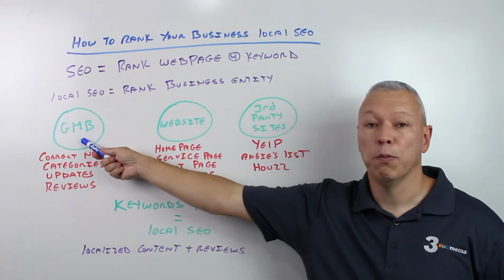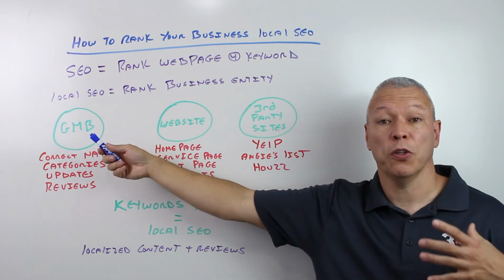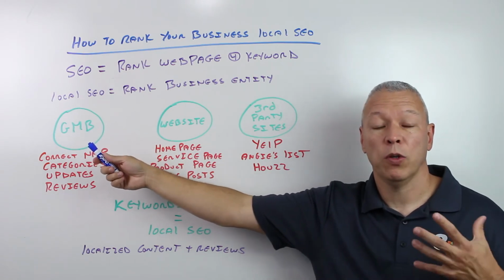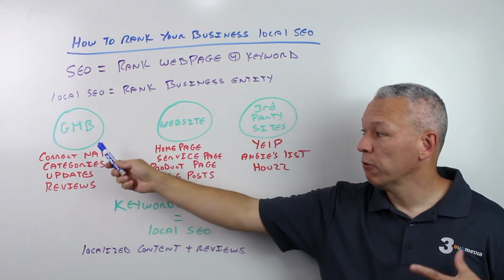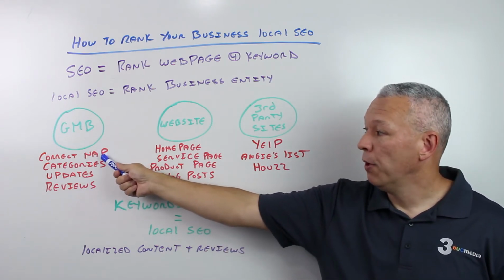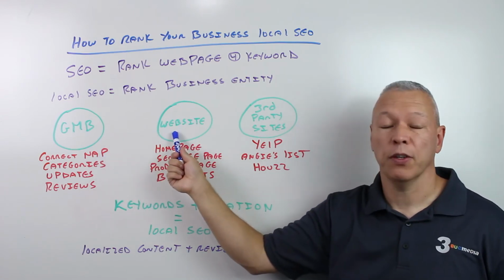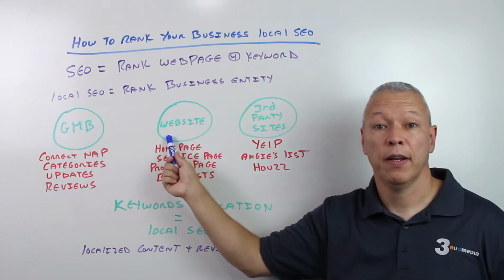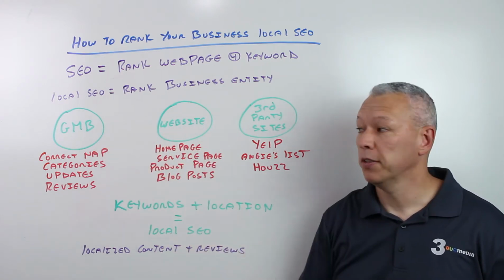With Google My Business, you're trying to get your listing to show up in the local map pack when somebody does a local search query. You want to make sure you have your correct NAP, your name, address, and phone number, and that it matches all the content on your website so Google understands these two are connected and it's the same business.